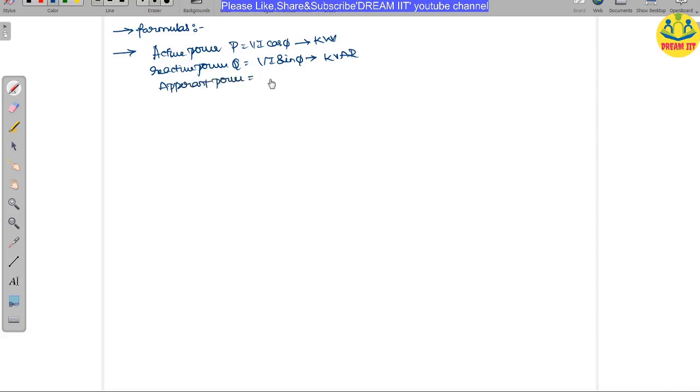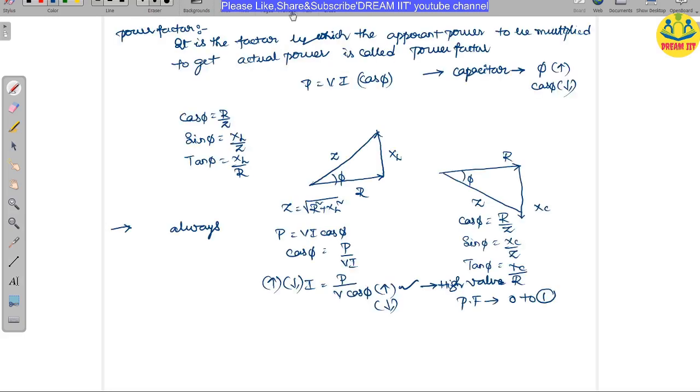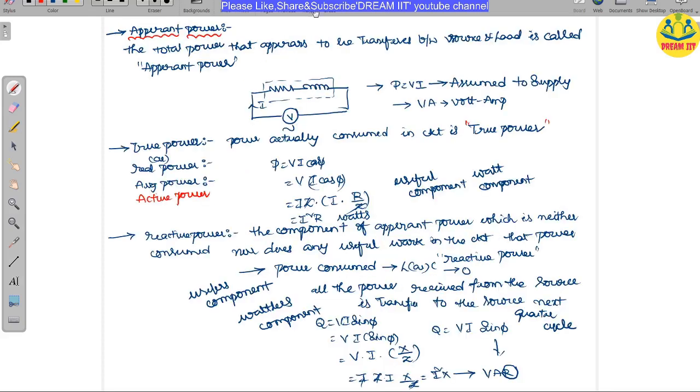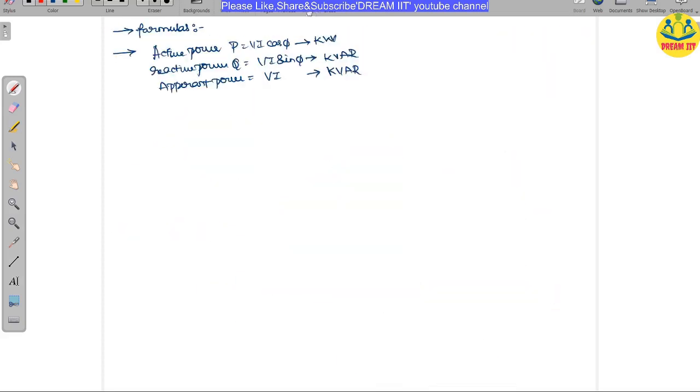Apparent power is VI only, measured in kVA. See this triangle we have defined here; it is called the power triangle. These are the different formulas we have to use up to now.